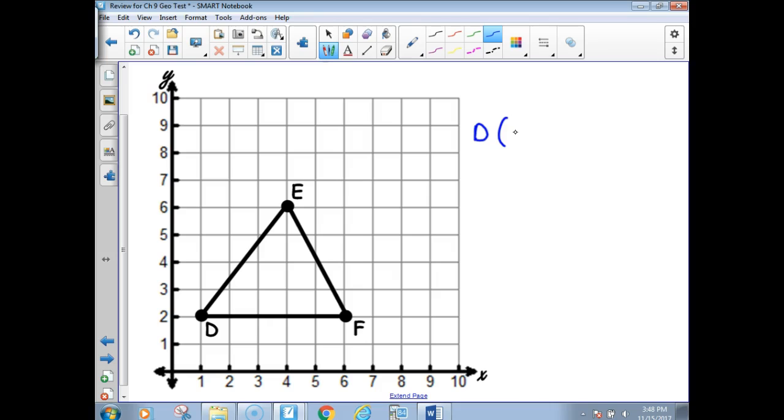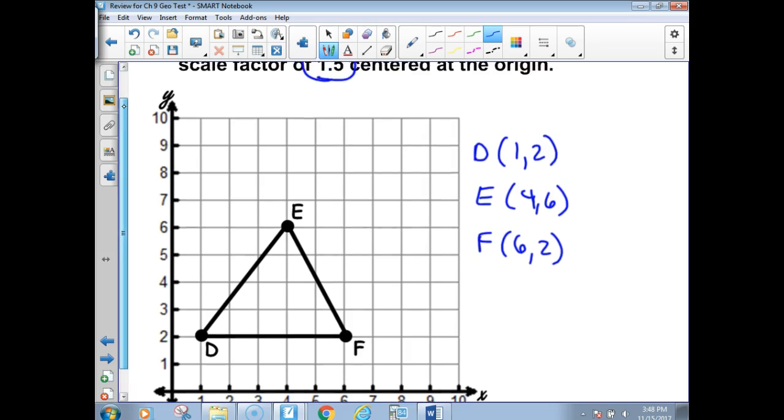D is located at 1, 2. You always write your x component first, your y second. E is located at 4, 6. And the point F is right now at 6, 2.